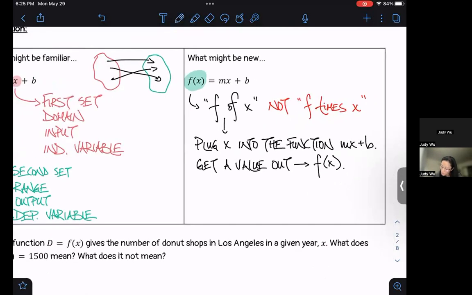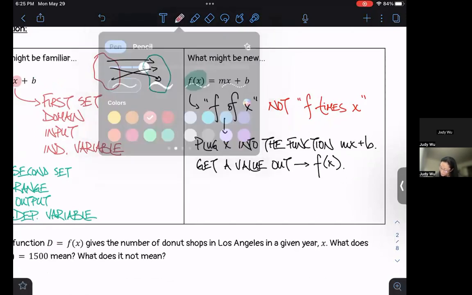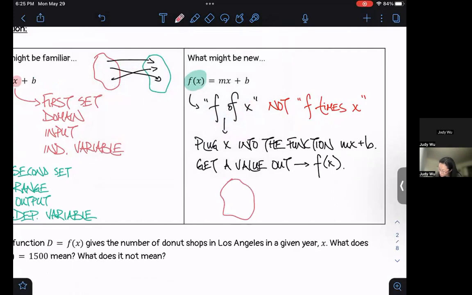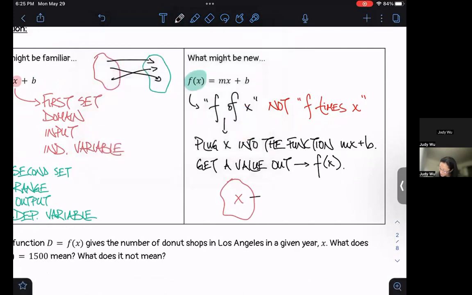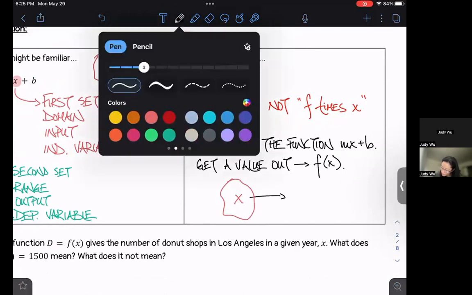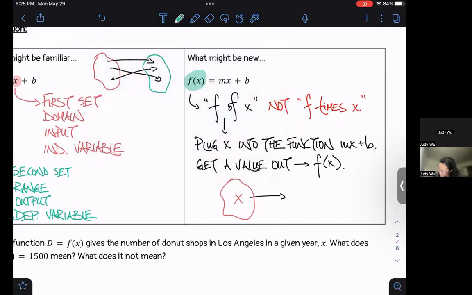So if we were to relabel these blobs here, we could say that we have all of our X values, and they're all going to f of X values. And so our ordered pair would now be X comma f of X.